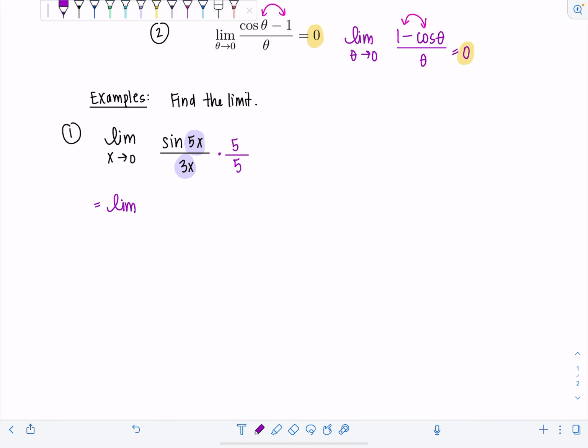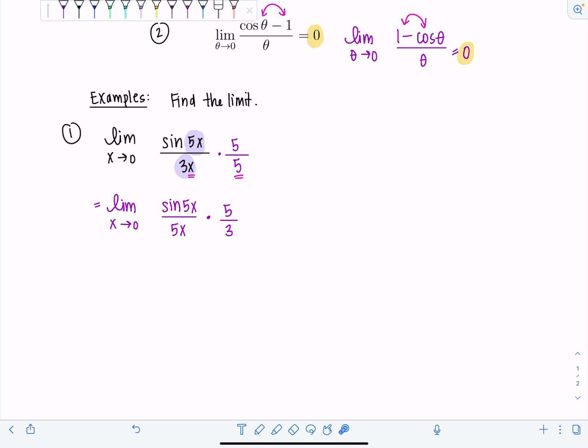We have the limit as x approaches 0 of sine of 5x over, I'm going to group this 5 with the x in the denominator of sine 5x, see that? Times, and then leave that 5 in the numerator, and then now the 3 is in the denominator. So basically, this 3 and 5 did a little switcheroo.